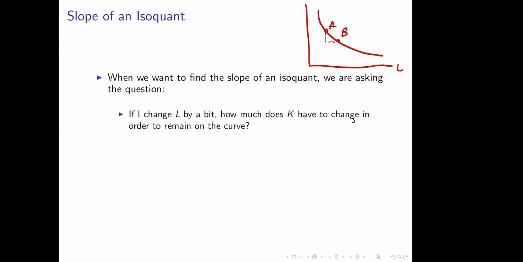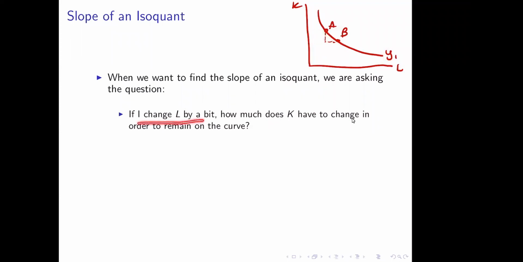This is L, this is K. This amount of L and K and that amount of L and K would give me the same level of output. So when I move from point A to point B, I reduce the amount of K by this unit and increase the amount of L by that unit, and still get the same level of output.